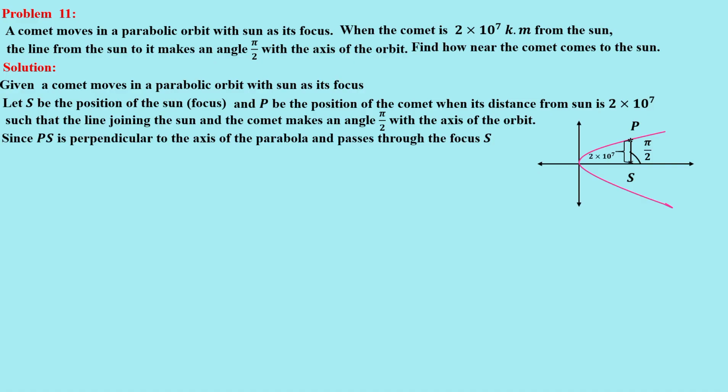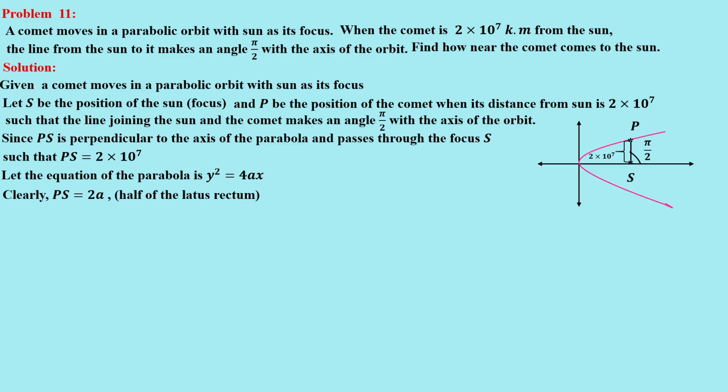Since PS is perpendicular to the axis of the parabola and passes through the focus, PS is equal to 2 into 10 to the power 7. And let the equation of the parabola be y square is equal to 4ax. Clearly PS is equal to 2a, half of the latus rectum.